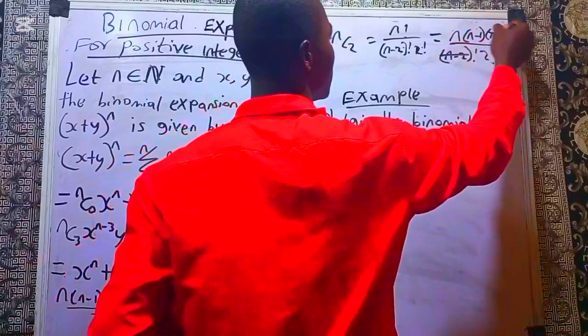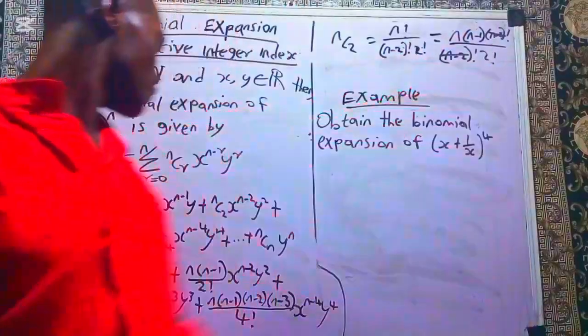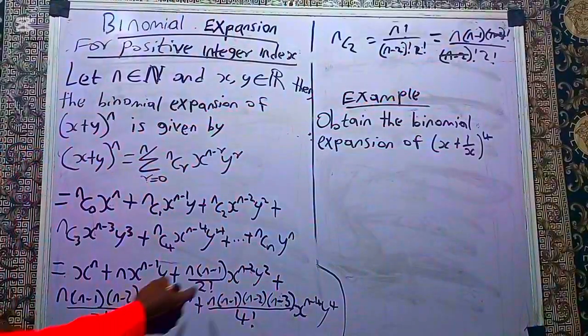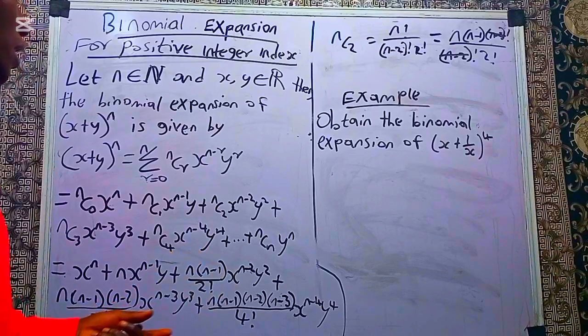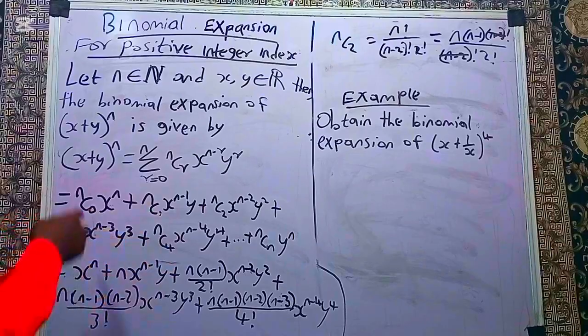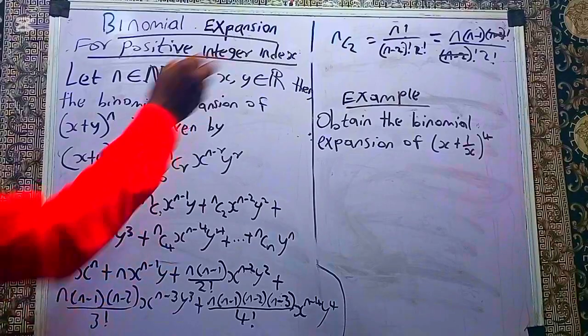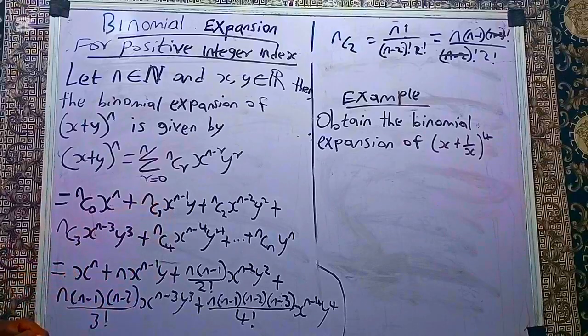Then this can cancel this. All you have left is n into n minus 1 over 2 factorial. That's this place. So this is how we simplify each of them. So you will simplify these combinations. Then this n combination 0, if you do the same thing, you will get 1. That's why the coefficient here is 1.